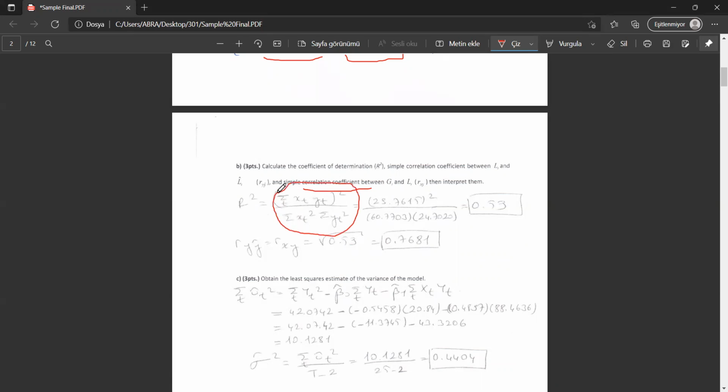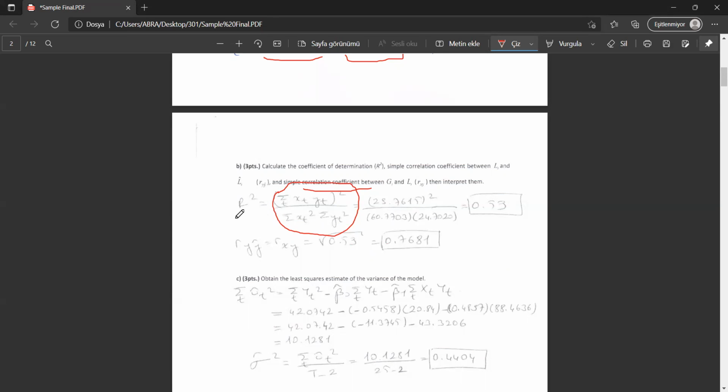The correlation coefficient formula is normally the summation of xt yt over the square root of the summation of xt squared times the summation of yt squared. Now, if you take the square of this formula, you will get R squared.